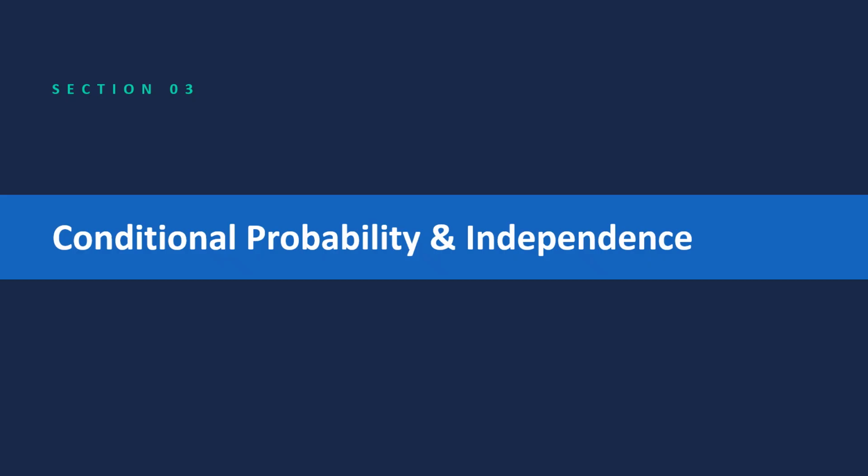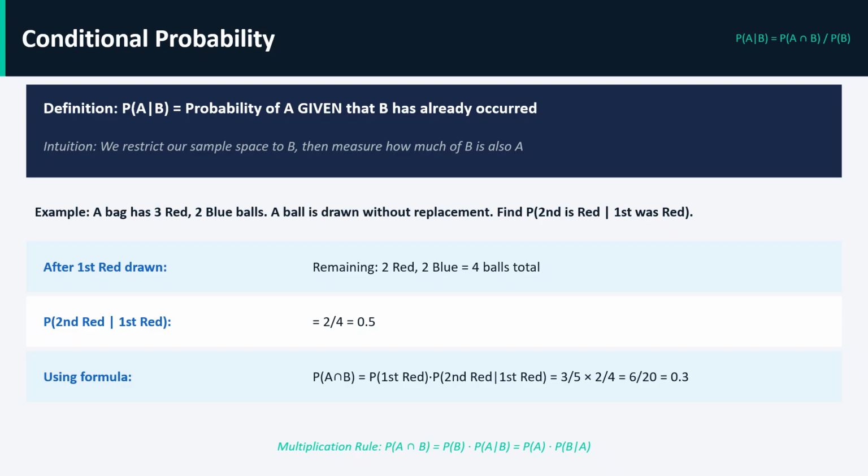Now, conditional probability and independence, which is very important. Conditional probability of two events, that is, probability of A given B. Here, the vertical line is read as given. Probability of A given B is equal to probability of A given that B has already occurred. For example, what is the probability of going to a movie given it is raining?